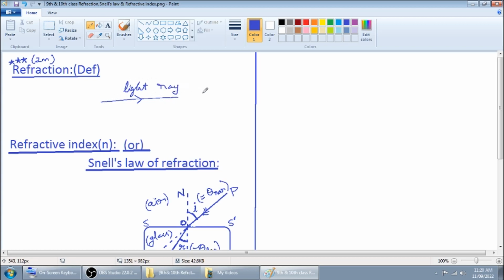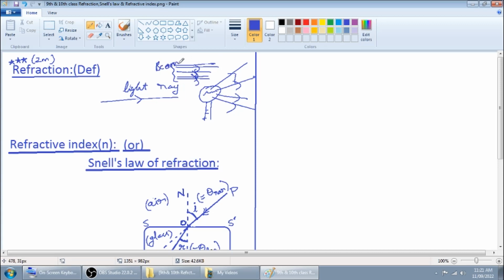Now whatever light we see, for example we have an electric bulb here. It gives off a lot of light, and this large amount of light consists of a large number of light rays. A very large number of light rays, or a group of light rays, is simply called a beam of light.